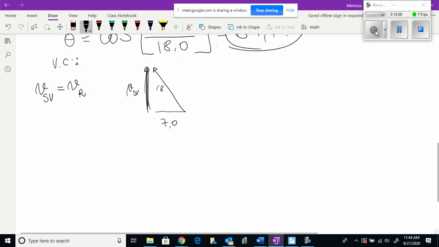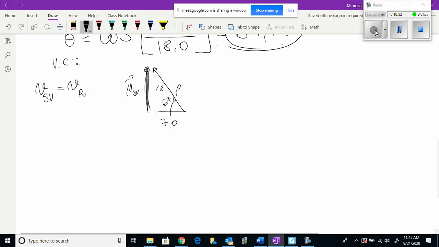This is the vertical component of the swimmer's velocity, knowing that this angle is 67.1 degrees. You can find it using a squared plus b squared equals c squared, or you can find it using the ratio. I would prefer to use the trig ratios.